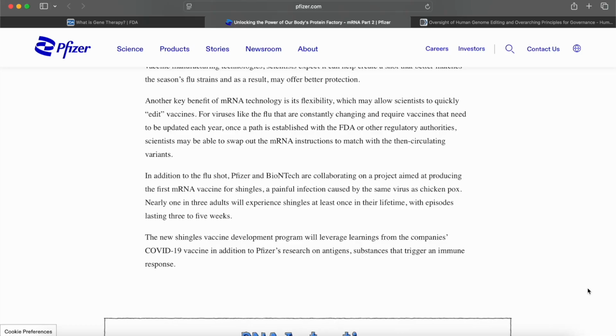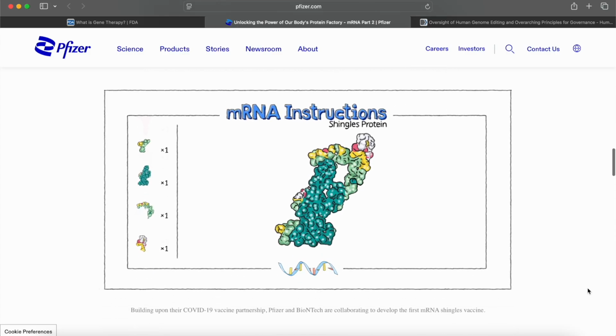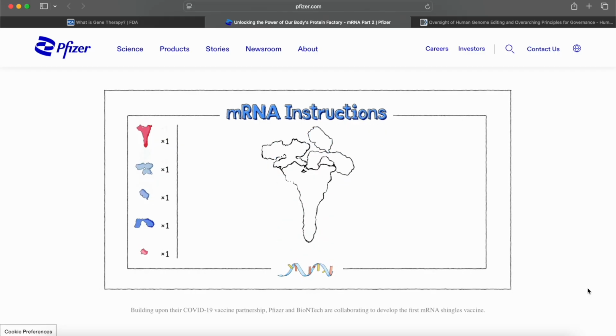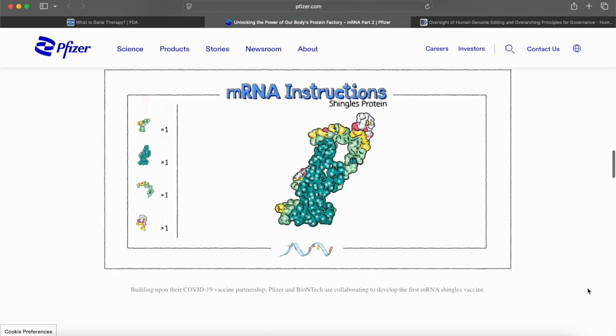The new shingles vaccine development program will leverage learnings from the company's COVID-19 vaccine in addition to Pfizer's research on antigens, substances that trigger an immune response. Building upon their COVID-19 vaccine partnership, Pfizer and BioNTech are collaborating to develop the first mRNA shingles vaccine.